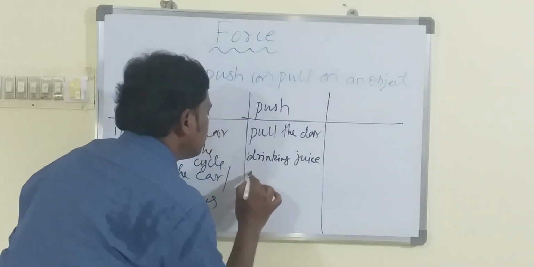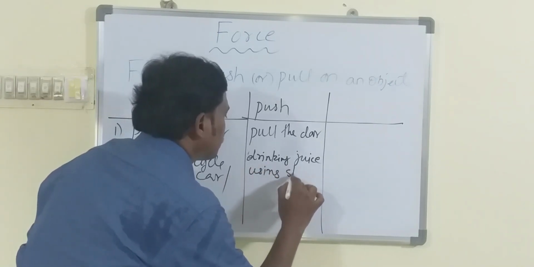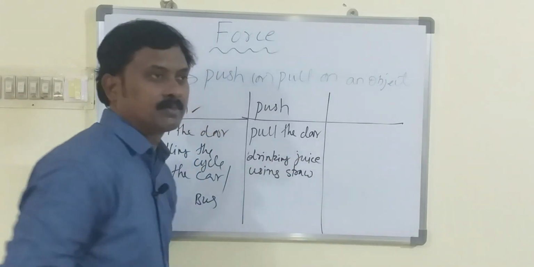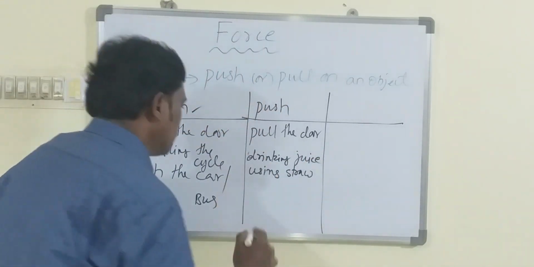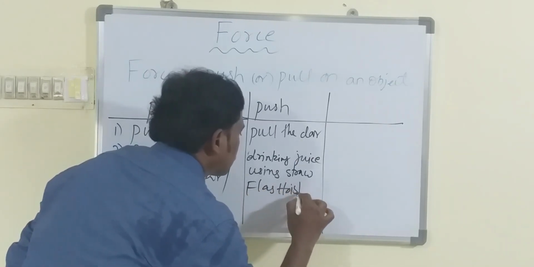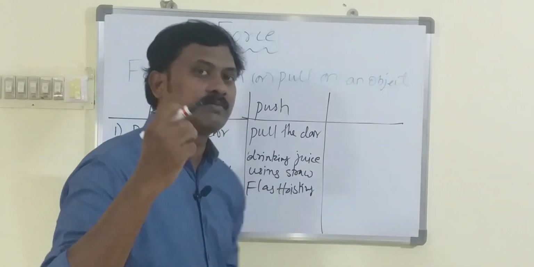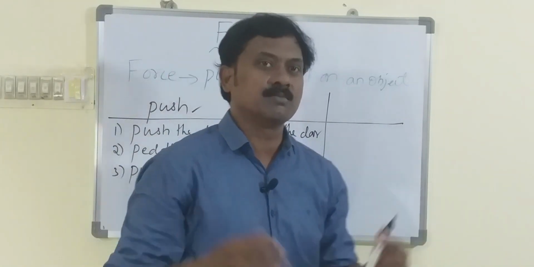Drinking juice using straw. Okay, and next we can take flag hoisting also. During the flag hoisting, generally we pull it. So that also comes under this one.